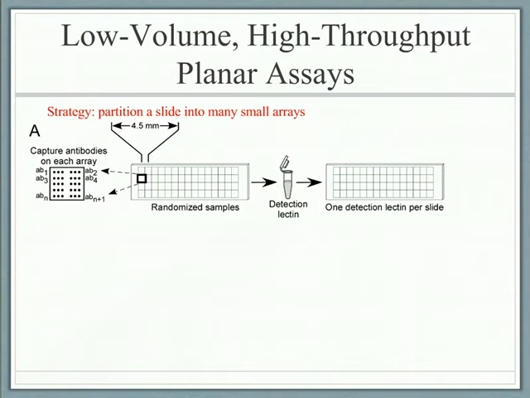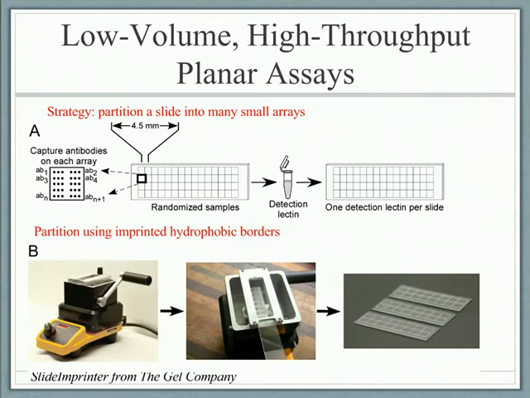We can make the arrays very small or medium sized, and each partition has its own antibody array, anywhere from just a few antibodies to many, depending on the size of the partition. And then each well would get a different sample, or maybe the same sample with a different detection antibody.